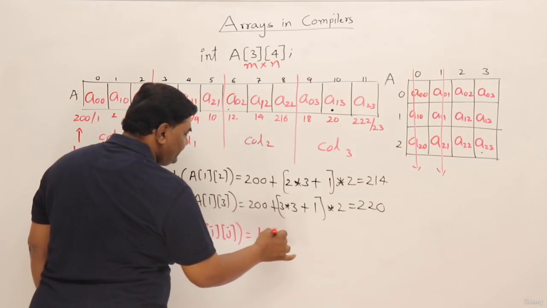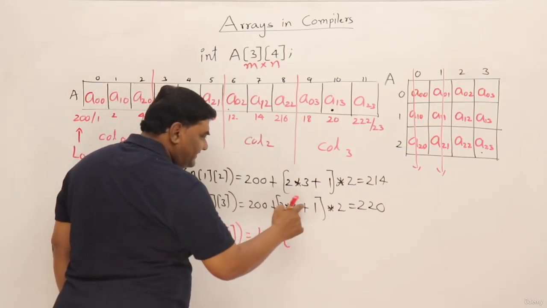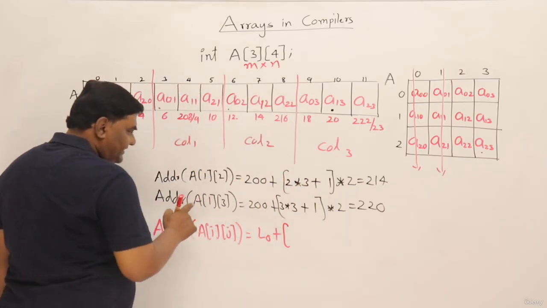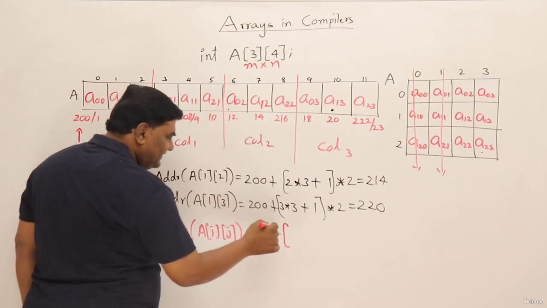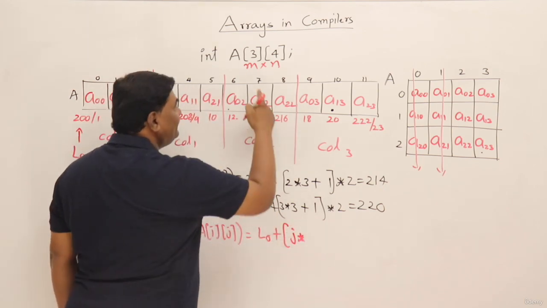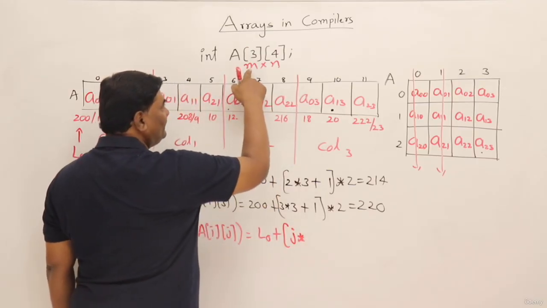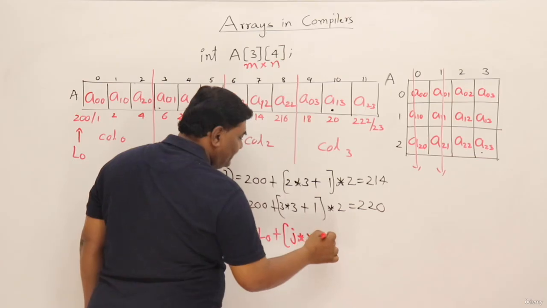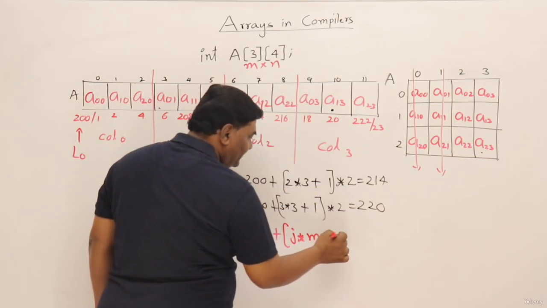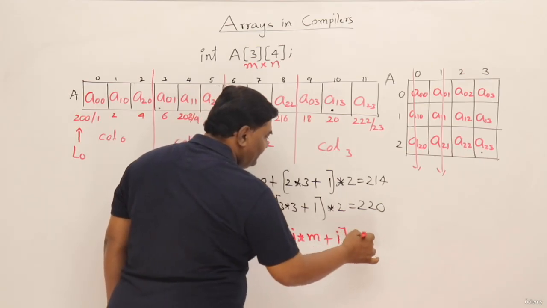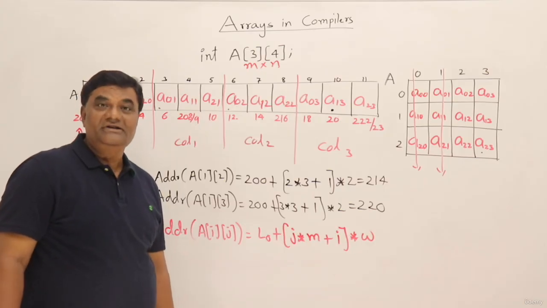This is location 0, that is base address L0, plus j into the number of elements in a column, that is equal to the number of rows, M, plus i, the row number. We saw 2, 1 and 3, 1 used, so first j, then i. This is multiplied by w. So this is the formula for column measure representation or column measure mapping.